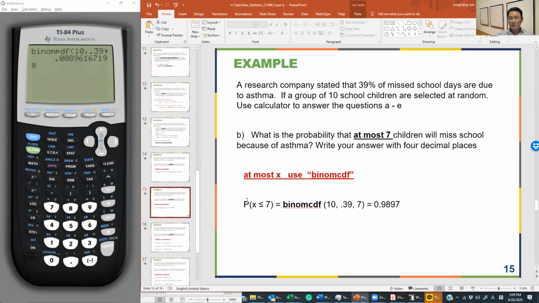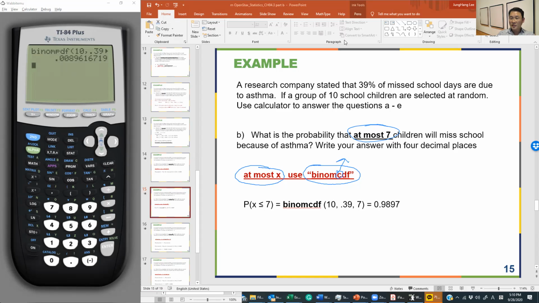What about this next question? It says at most 7, not exactly 7, but at most 7. Remember that at most case? At most X, then we are going to use the binomial CDF function.